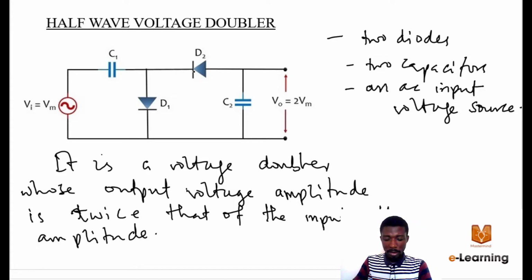You are spared the details and complexities at this level, but when you see a half wave voltage doubler, you should know what it does. What it does is that it increases your input voltage to twice, and gives you an output that is twice the input voltage.